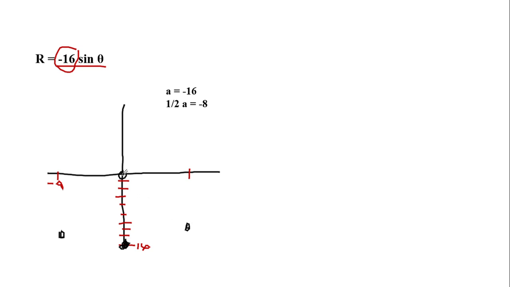It could be a circle because we don't have many lines. So when we connect the dots, it could be like this. So now this is the graph of r is equal to negative 16 sine theta.